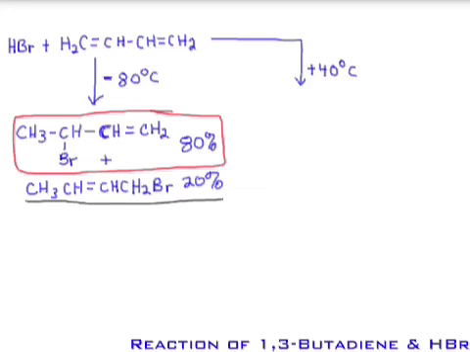Okay. Now the same products form at plus 40. But what's interesting, at plus 40, the 1,2 addition product, the less stable, is no longer major. The reason, the reaction is no longer under kinetic control. It's under what we call thermodynamic control. An equilibrium is established. And so this guy is now at plus 40, only present at 20%.